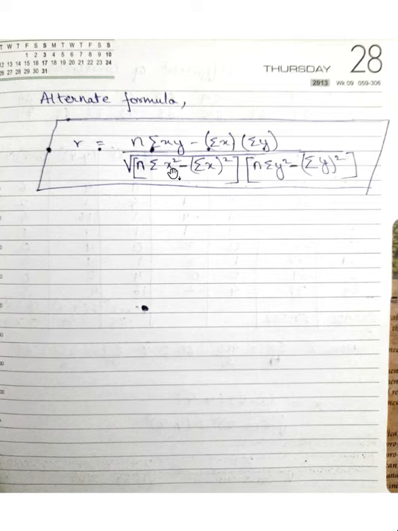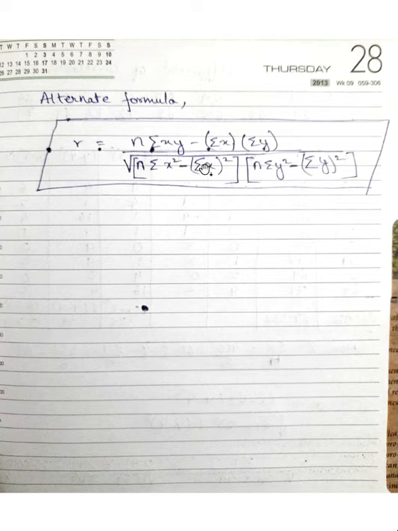By the way, the difference between summation x square and summation x whole square is that when we are finding summation x square, first in a table we have x, we then find out x square and we add it all up to get summation x square.